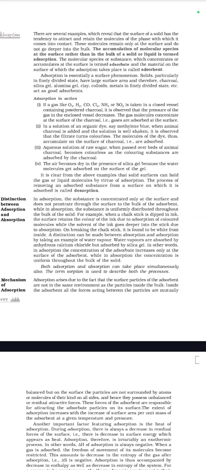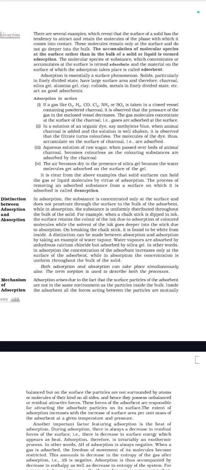Aqueous solution of raw sugar, when passed over beds of animal charcoal, becomes colorless as the coloring substances are adsorbed by the charcoal. The air becomes dry in the presence of silica gel because the water molecules get adsorbed on the surface of the gel.